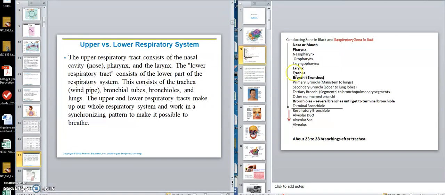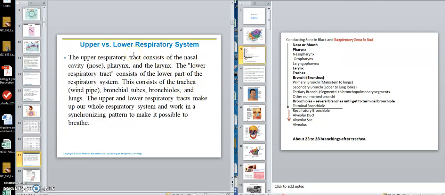In other words, up to here. So if you have laryngitis, you would still have an upper respiratory problem. Then the lower respiratory tract would be from the trachea all the way down to the bottom.